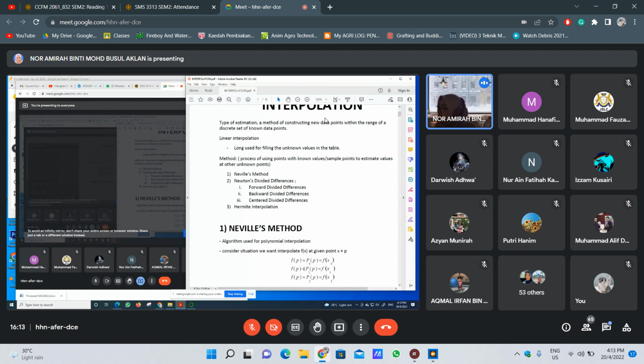So dia dah beri awak x equals to p. So dia nak contoh f(x) equals to sin x. So cari value of f(x) when x equals to 3. x equals to 3. So maknanya cari sin 3.